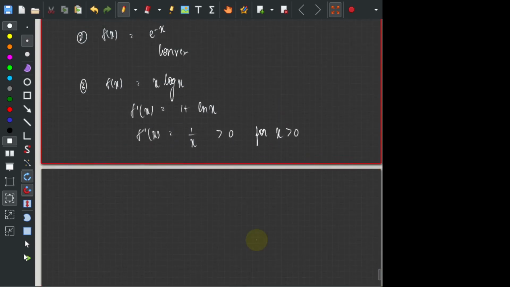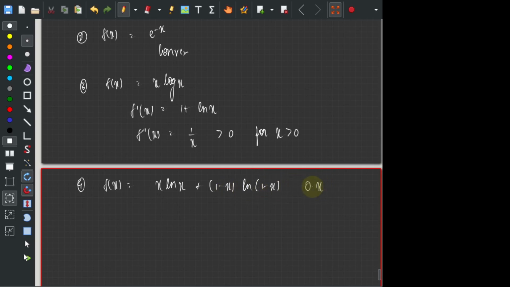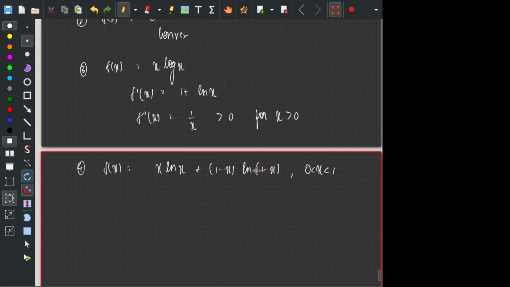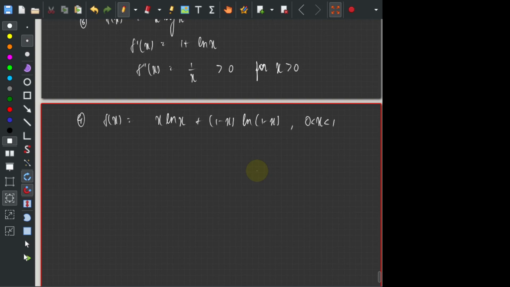Okay, let's look at another example. f of x equal to x log x plus 1 minus x log 1 minus x for x between 0 and 1. Check.